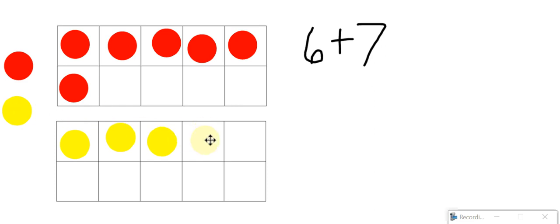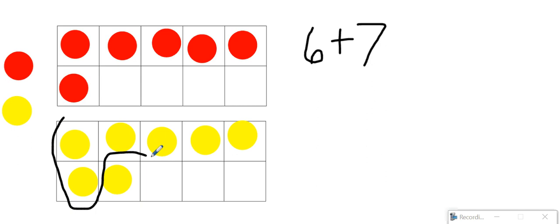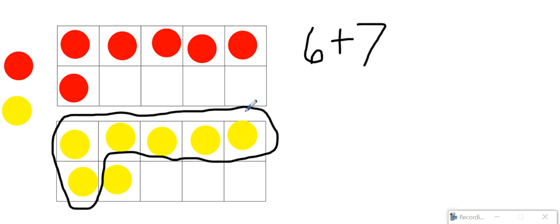Able to do this pretty quick because I know that this is 5, 6, 7. Very good. Now I'm noticing something. See how this is 6? Are you noticing 6 here?